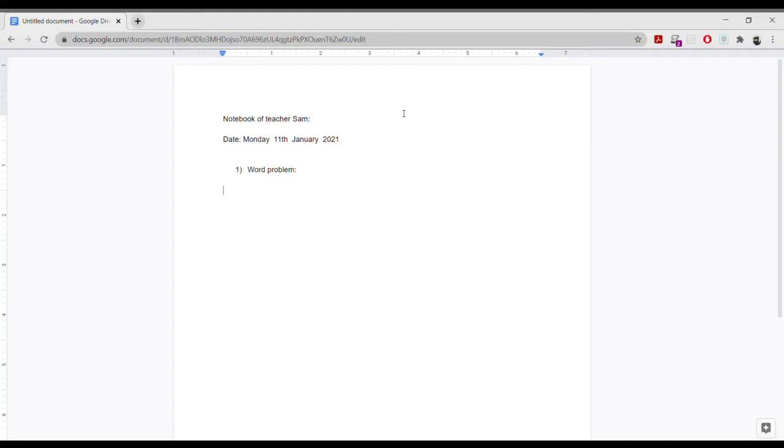Now I'm going to go back to the book and teach you the first lesson. After, we are going to make one word problem example together, and then I'll let you write the word problem in your notebook. I will write at the same time as you.